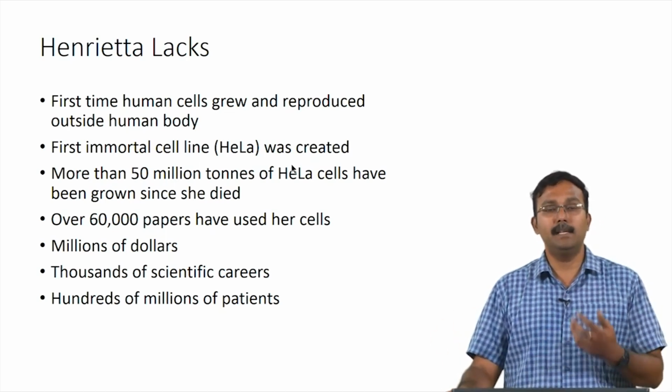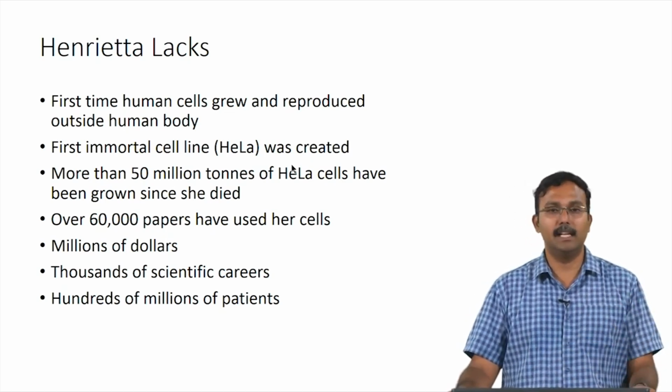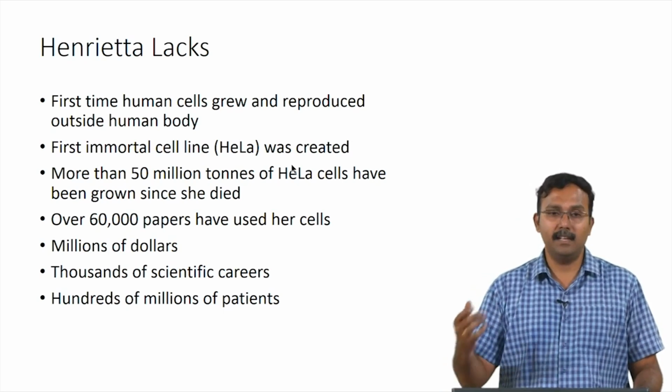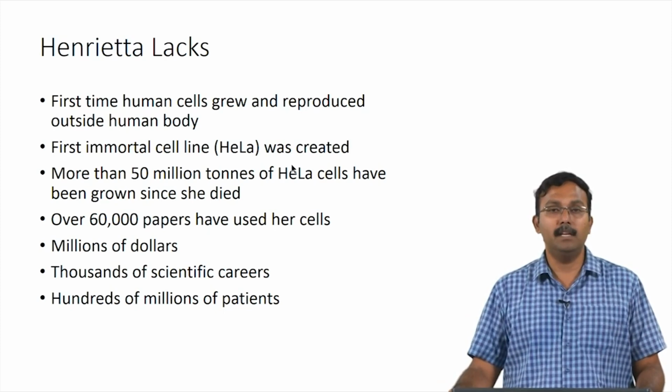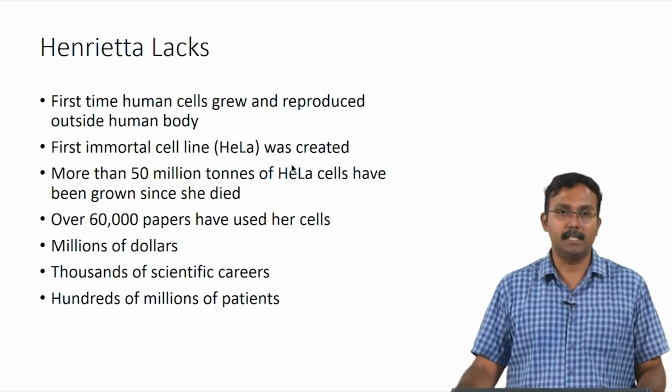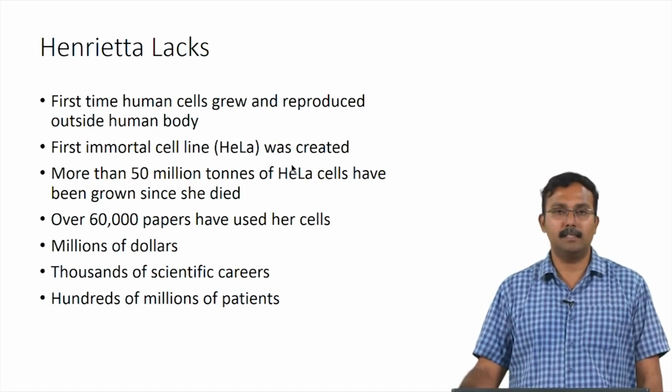Millions and millions of dollars have been spent and generated because of the HeLa cells. Thousands of scientific careers have been made and hundreds of millions of patients have actually benefited because of the use of HeLa cells. However, these cells were obtained without the consent.